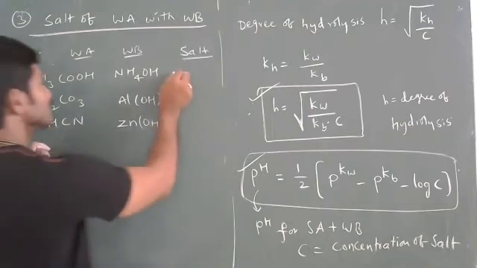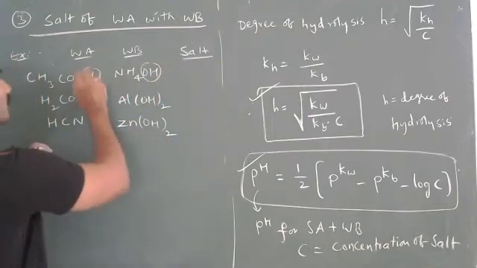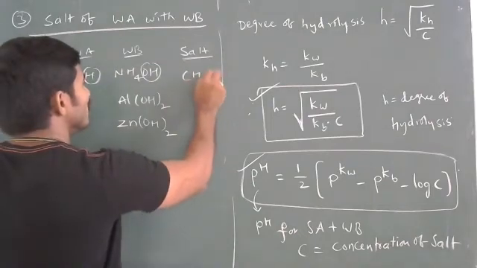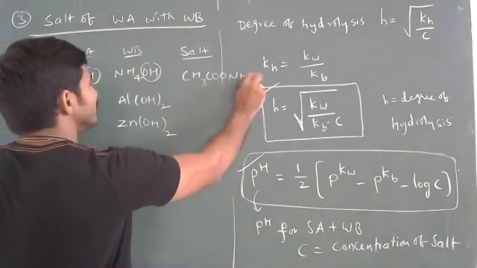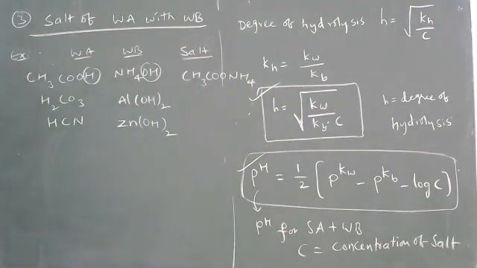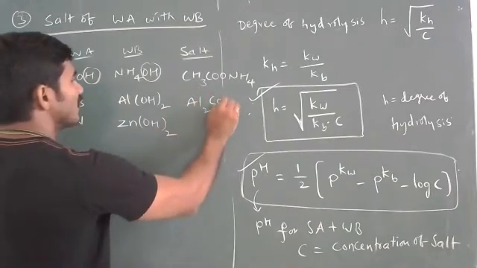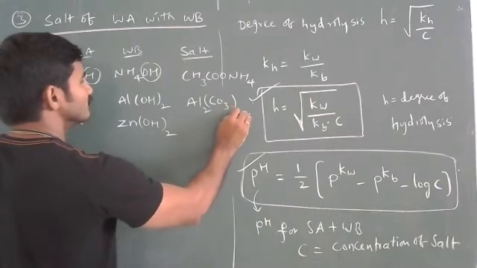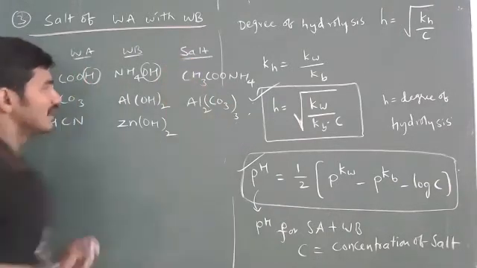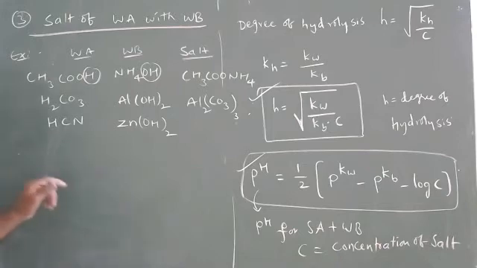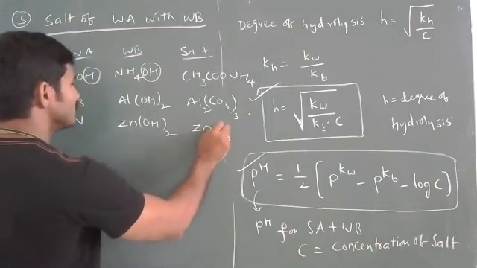We'll get different combinations. H plus and OH minus are eliminated. What we get is ammonium acetate, aluminum carbonate, and here zinc cyanide.